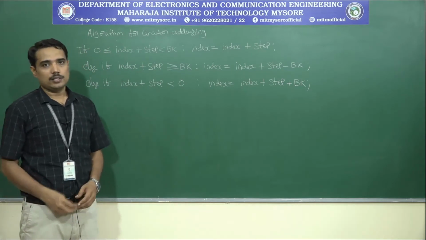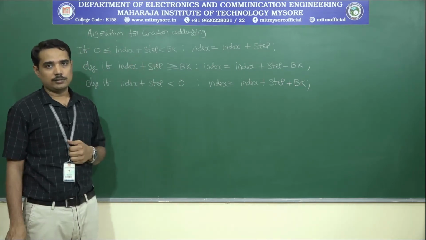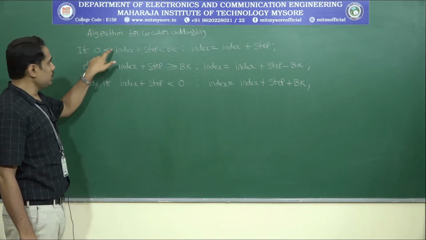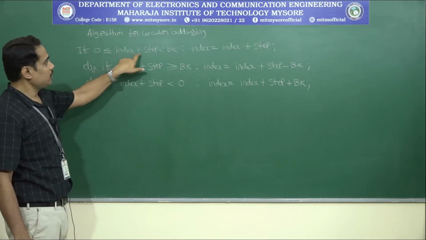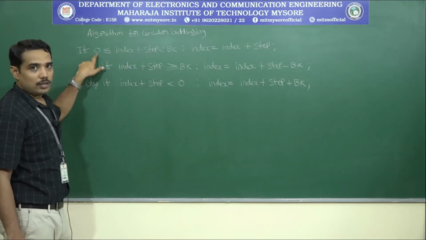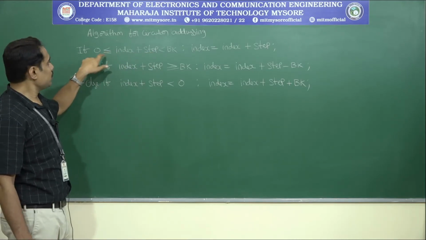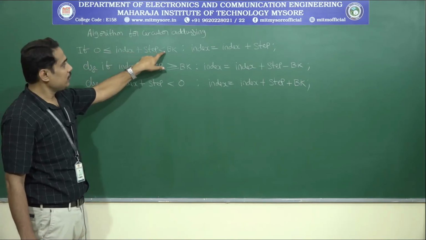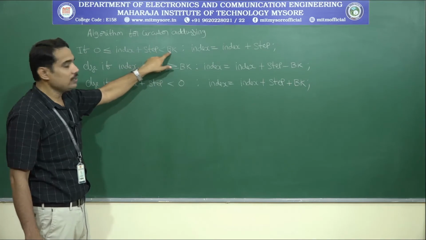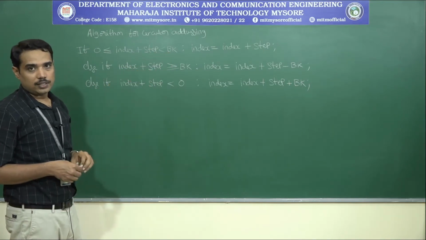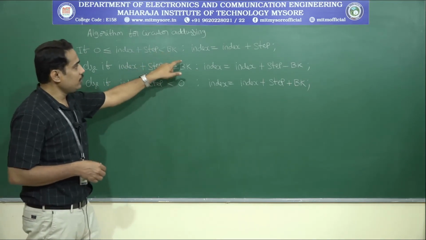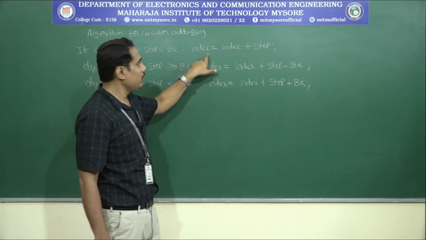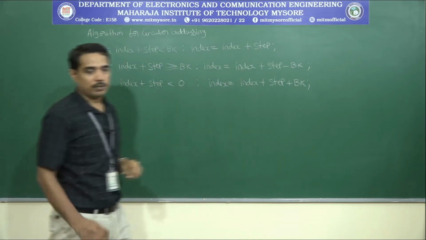Now let us see the algorithm for the circular addressing mode in the TMS processor. If 0 is lesser or equal to index plus step, that means if the n-bit boundary 0 is lesser or equal to index plus step, and that sum is less than the buffer register value Bk, then the index will be updated to index plus step.